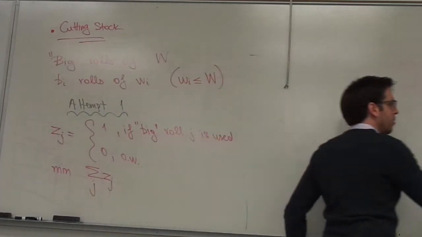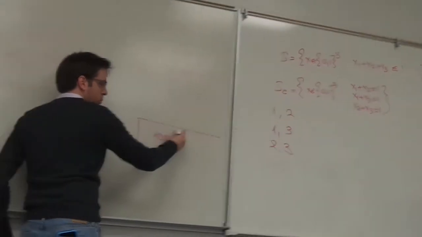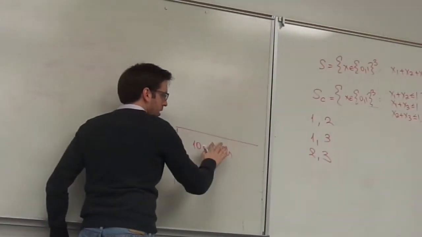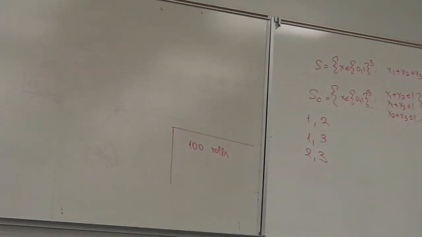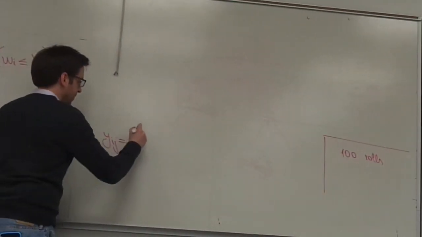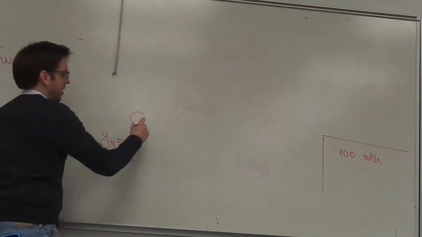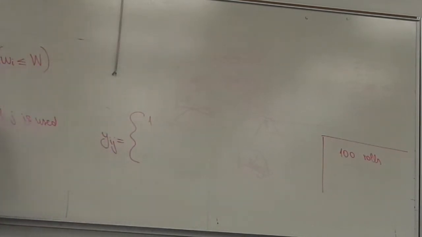I have a warehouse, and in the warehouse I can assume I have 100 rolls waiting, and then I have 100 variables, z1 to z100, okay? The second variable that I'm going to need is a variable yij. Actually, no, sorry.